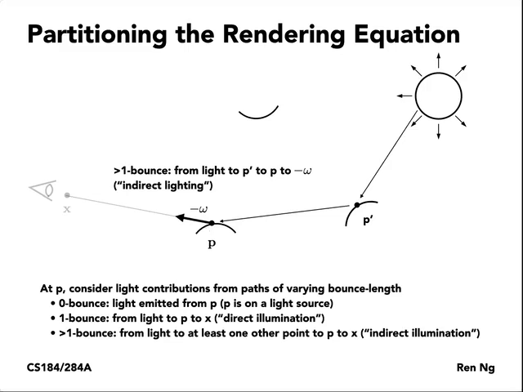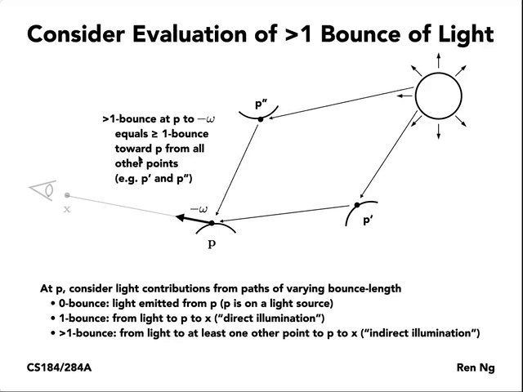So strictly greater than 1 bounce from light means a light path that goes from the light to P prime to P to negative omega. And greater than 1 bounce at P to the negative omega direction is equal to at least 1 bounce, that is greater than or equal to 1 bounce, towards P from all other points in the scene, for example P prime, P double prime.